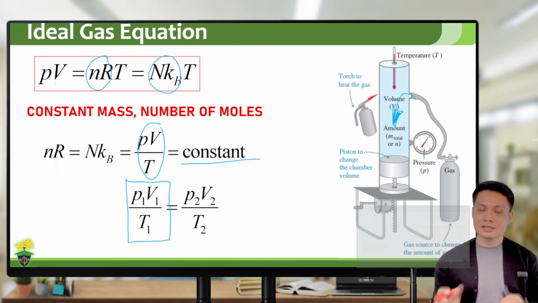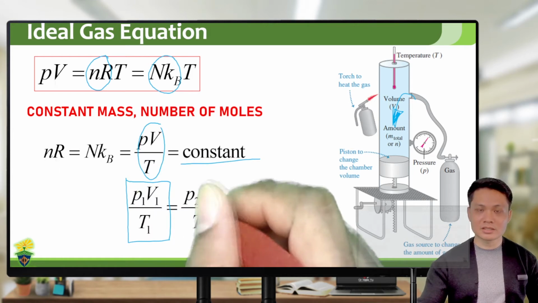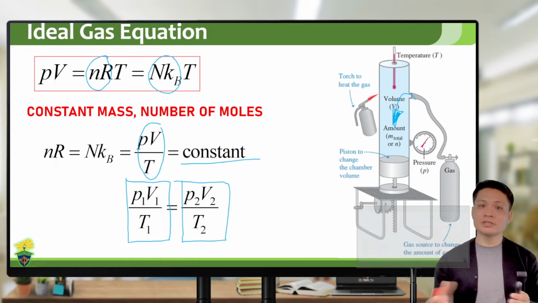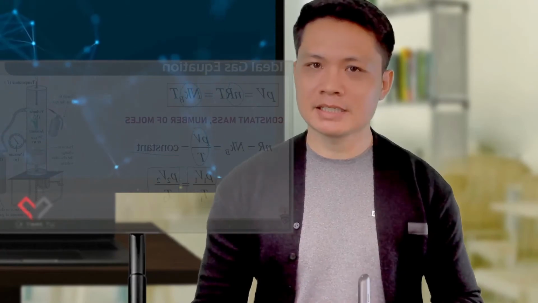That means at its initial condition, say P1 V1 over T1 should always be equal to P2 V2 over T2. That is constant. And that's for ideal gas.